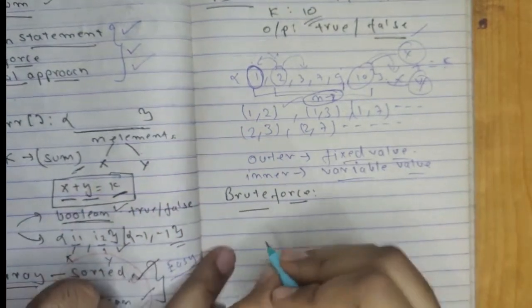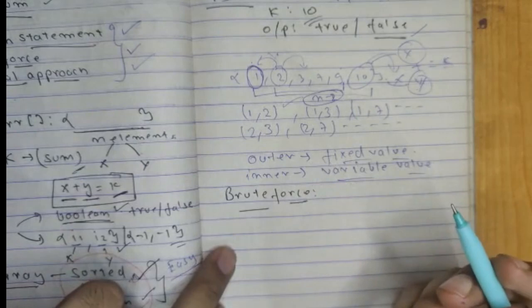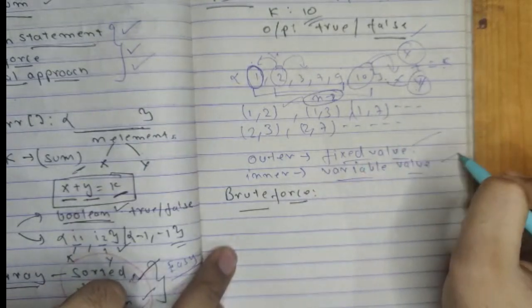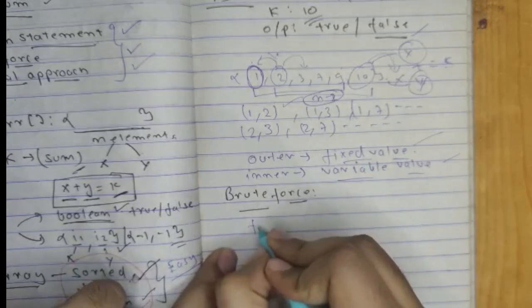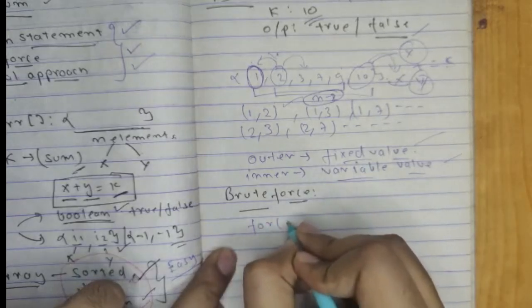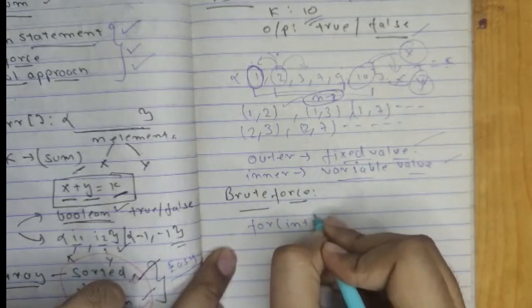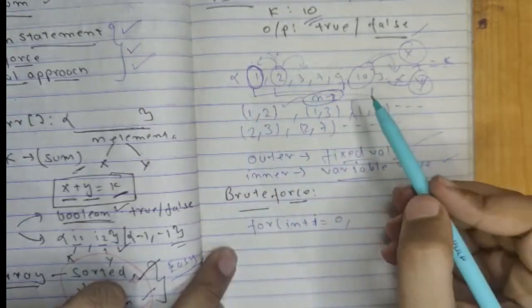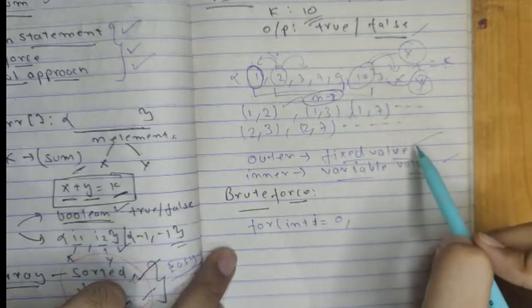So as I said earlier, we need a nested loop, one for the fixed value and one for the variable value. So let's write the loop for i equal to 0, starting from the 0th index, and up till where do we have to go for the fixed value?